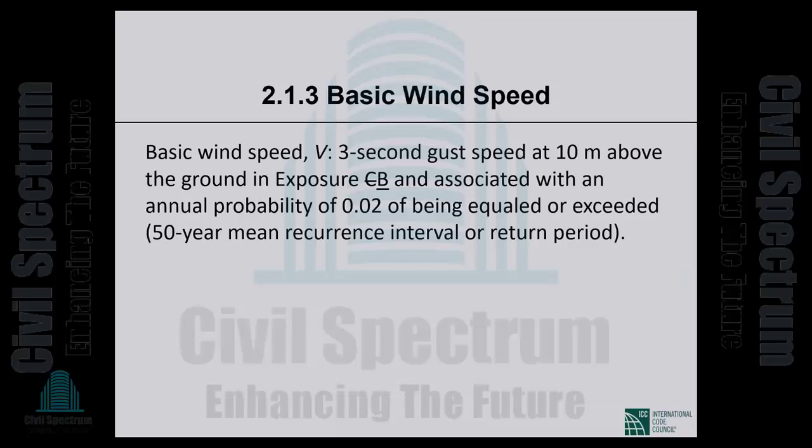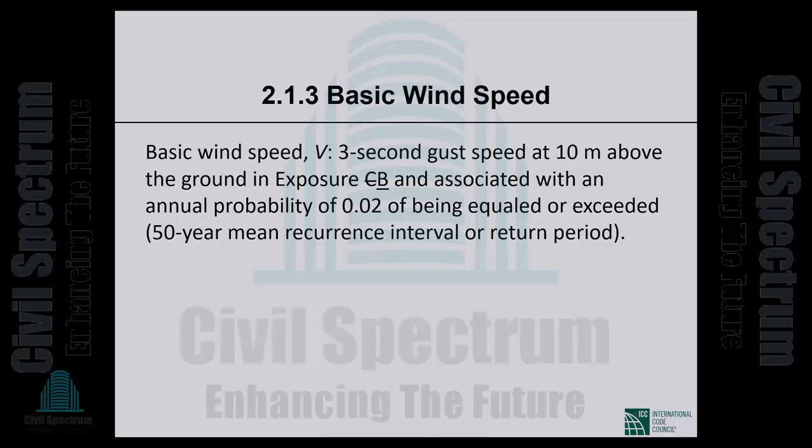The V, basic wind speed. So from here on, it gets pretty serious. Okay, so the V is 3-second gust speed, first of all. It is 10 meters above ground. It is 10 meters above ground in exposure B and associated with a return period of 50 years.